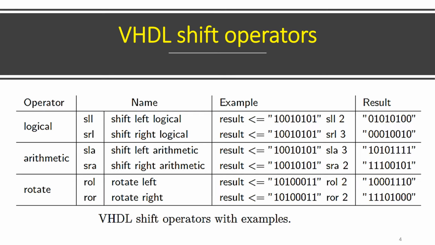This table shows some examples of shift operators. For example, the result signal is assigned by 2 shift left logical of the sequence of bits. It is done by entering 2 zero bits from the right and removing 2 bits from the left, and the other bits shift to their left. Notice if you want to assign some bits to identifiers like signal or variable, you have to write them between double quotations.